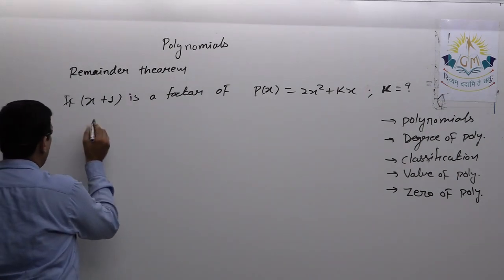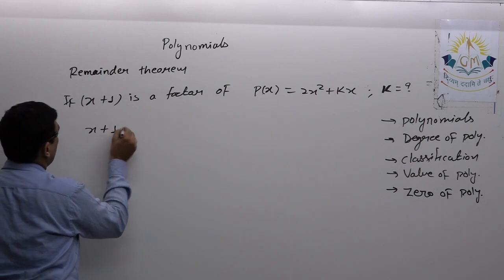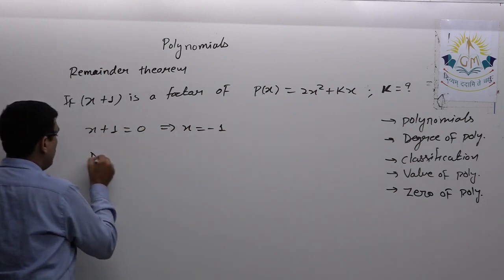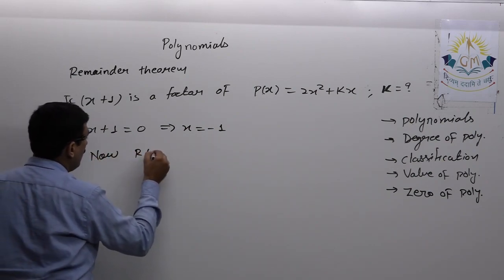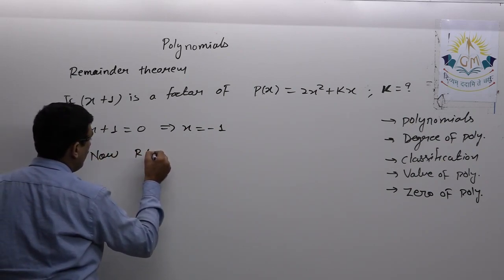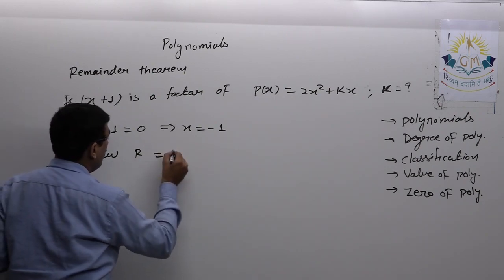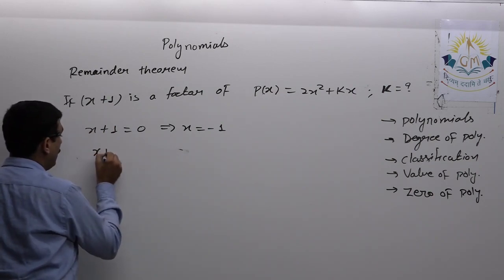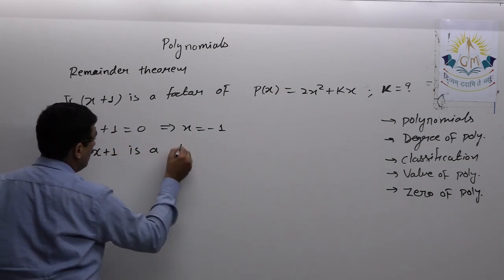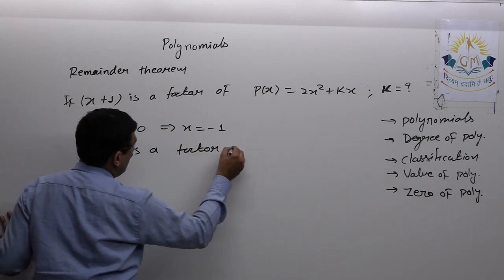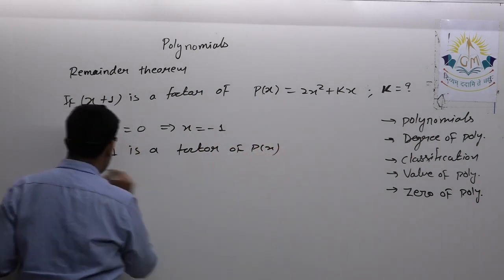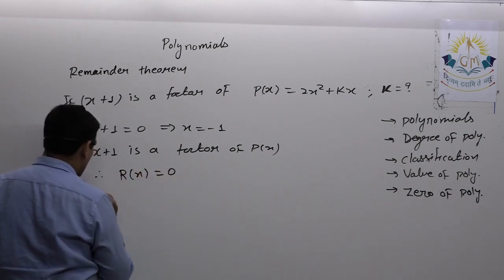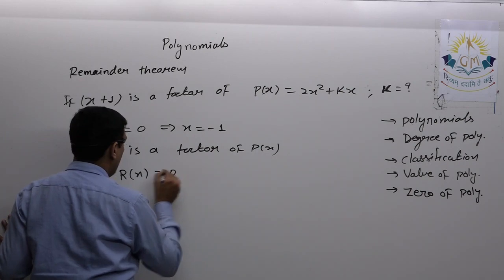So here I can write again x plus 1 is equal to 0, therefore x equal to minus 1. Now the remainder must be equal to 0. x plus 1 is a factor of p(x), therefore I can say R(x) is equal to 0.